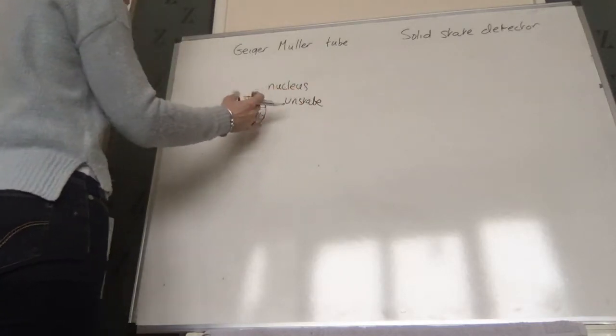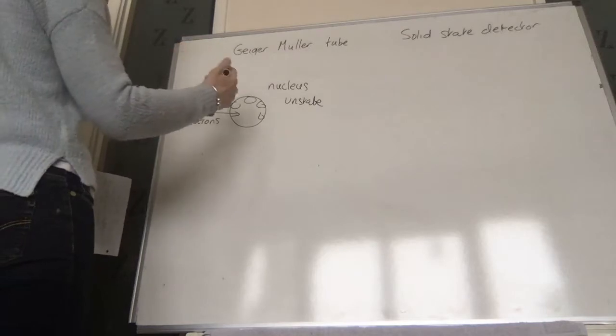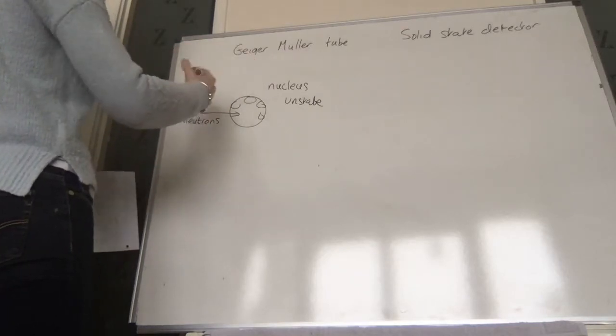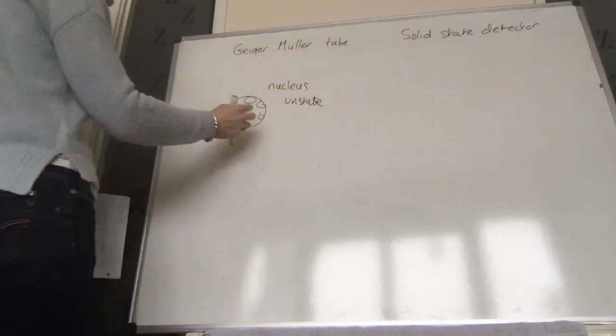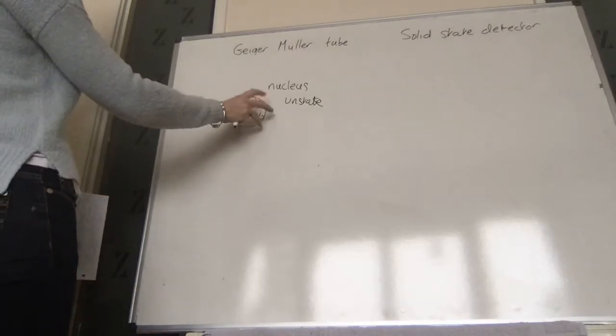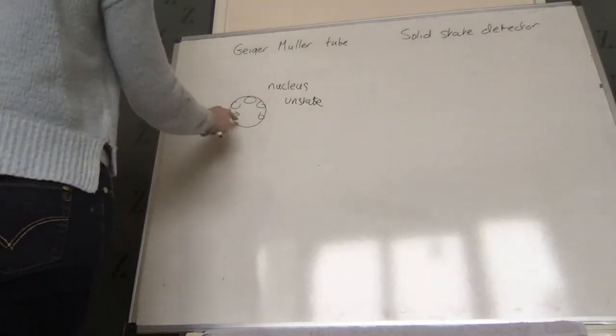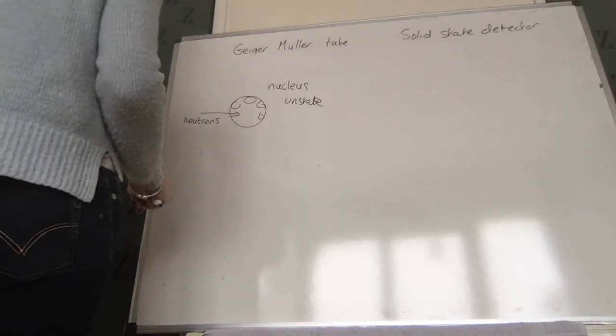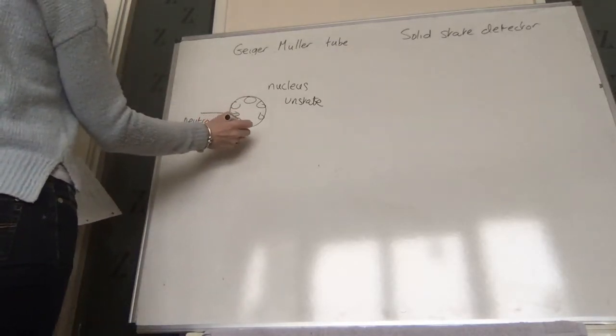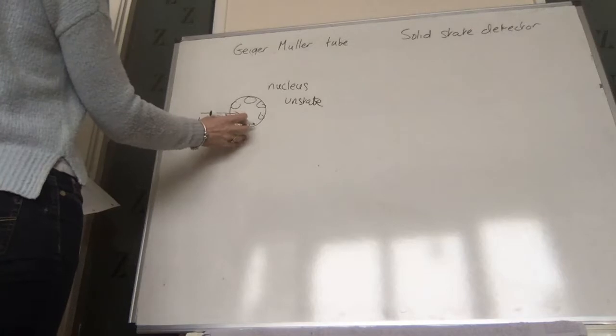The nucleus is already trying to keep those protons together by the strong force, so pumping neutrons into the mix makes it unstable. You've bombarded them with neutrons, the neutrons get captured by the nucleus, and it becomes unstable.